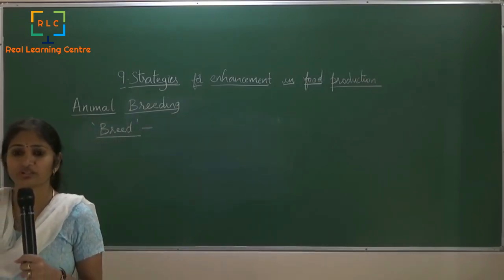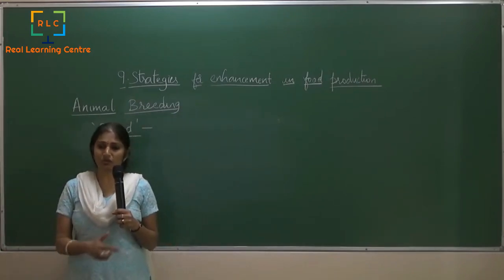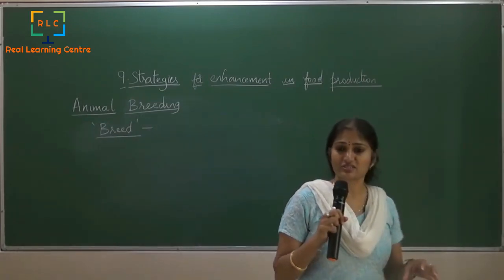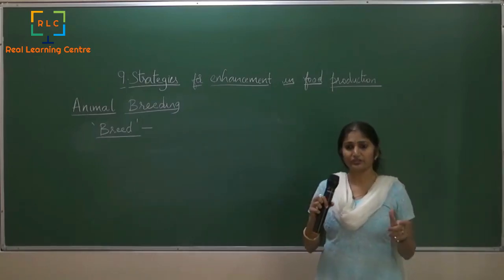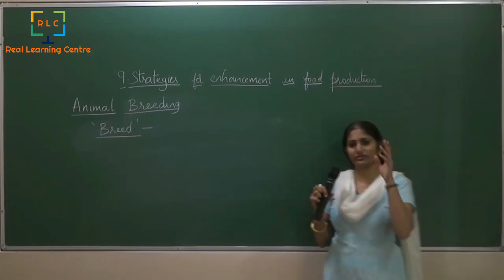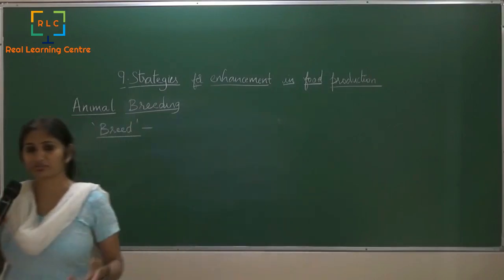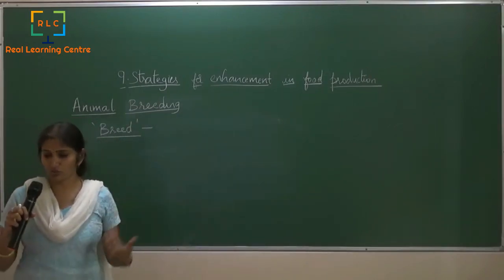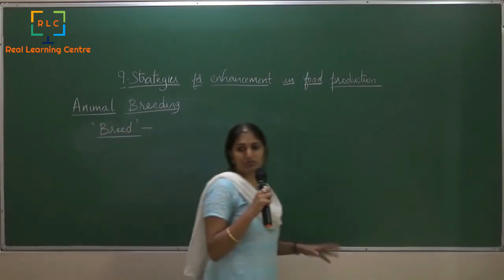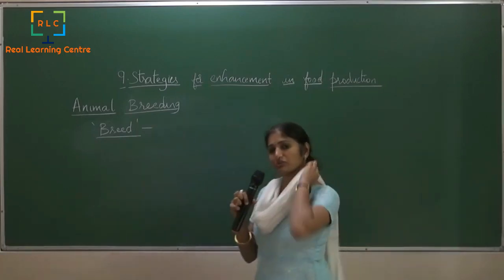Like in microorganisms, we use this term called clone, where you will have a group of cells obtained from a single cell. Now, breed is very much similar to that. Here we will have one particular group of animals, all of them originated from similar type of animals. It can't be from a single one, it can be similar, and all this group of animals that's related by its descent, they have the same appearances, similar features, similar sizes, and also similar properties.